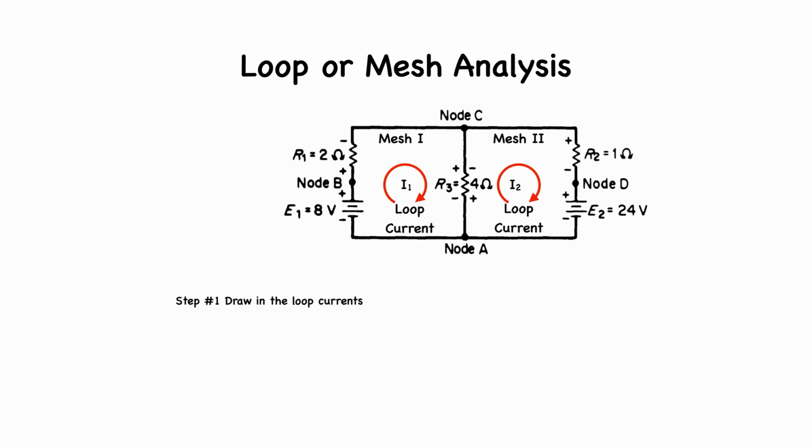The number of loop currents required always equals the number of windows in the network. This assures that the resulting equations are all independent. Loops may be drawn in any direction, but assigning a clockwise direction to all of them simplifies the process of writing the equations. It leads to less confusion, and similar to the previous solutions that we looked at, if loop currents turn out to be negative, then the assumed direction of the current is opposite to that of our original assumption.